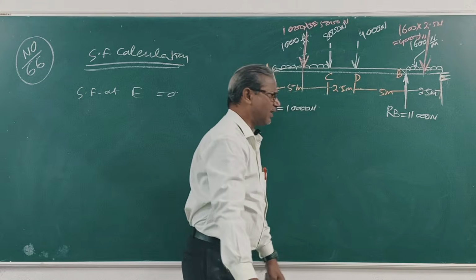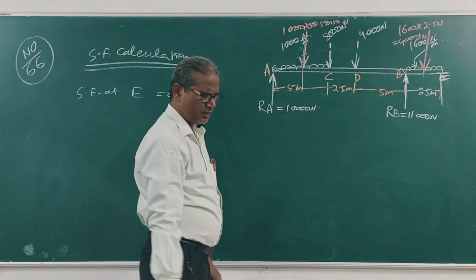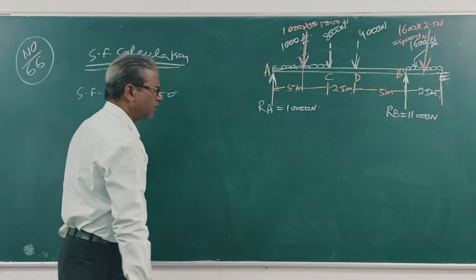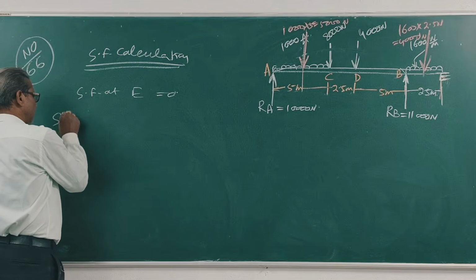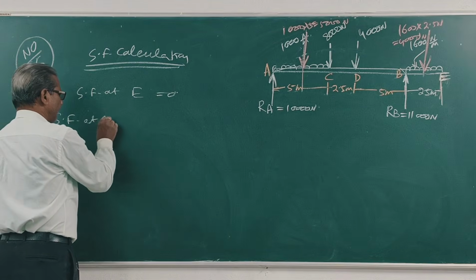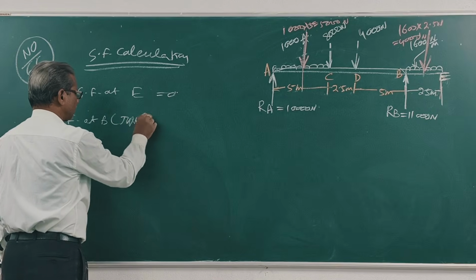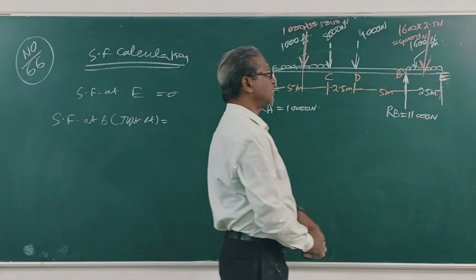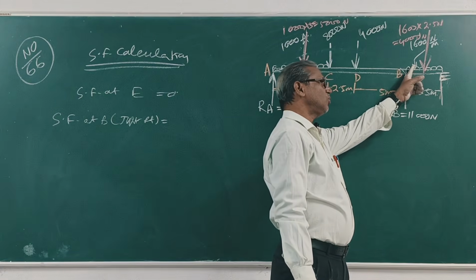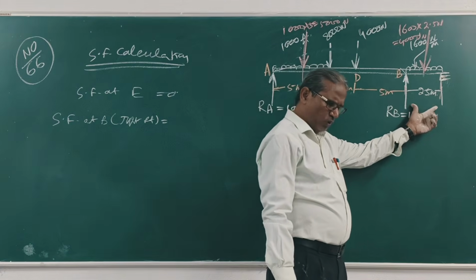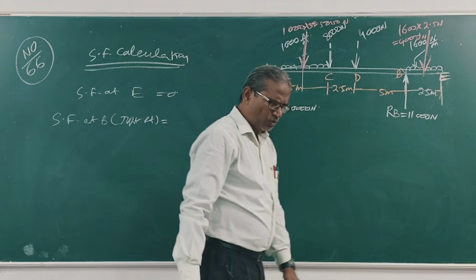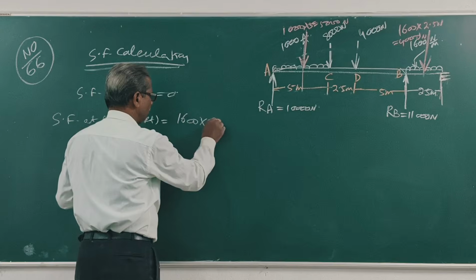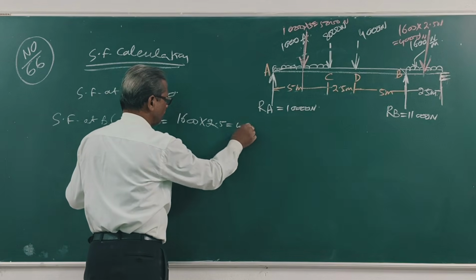Clear? Shear force at B just right: 1600 into 2.5, that is 4000 Newton.